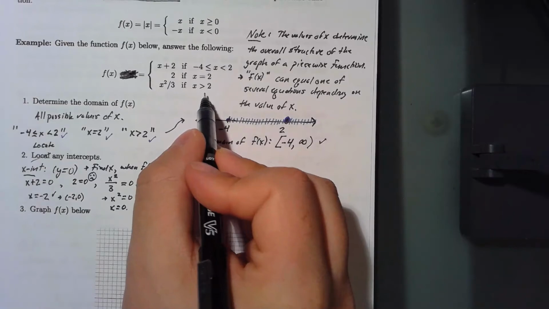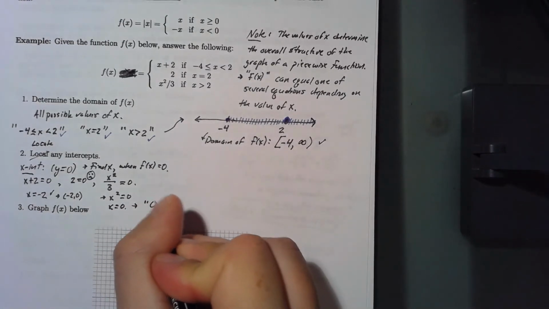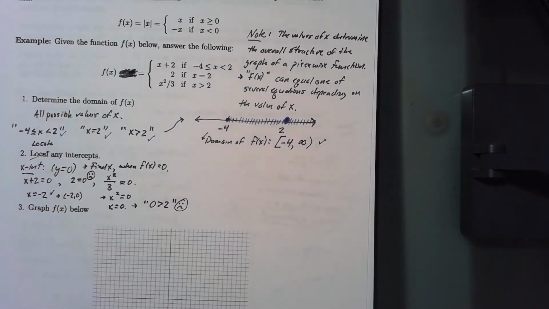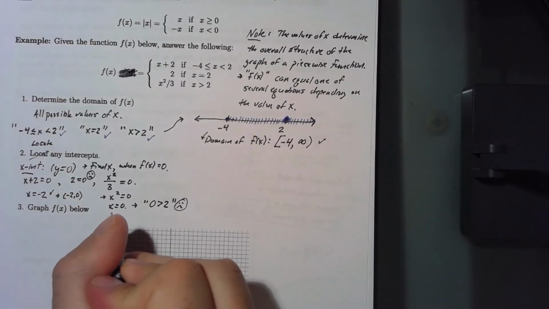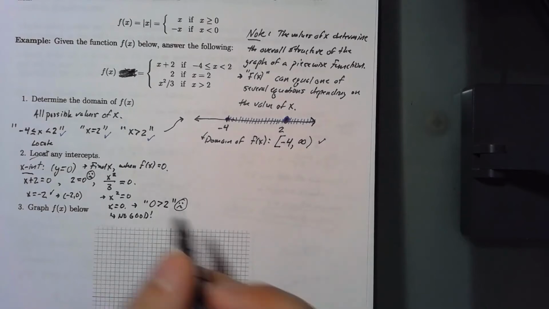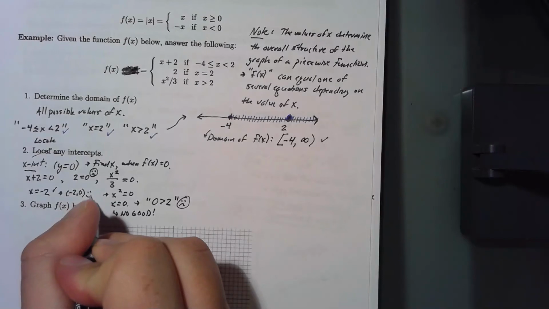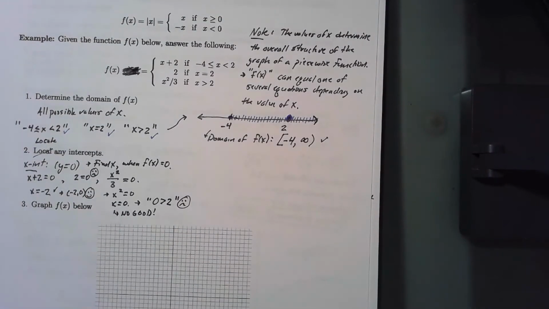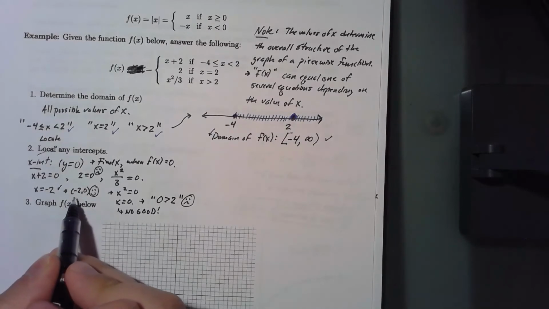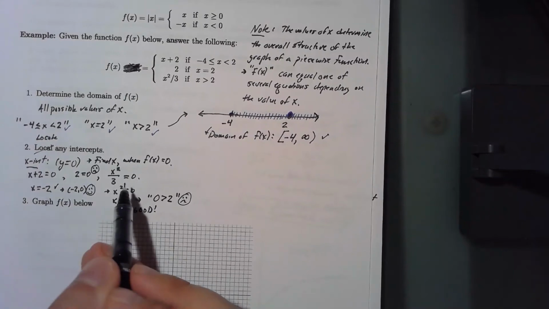It is not. So this one's no good. The only one I do care about is this one. So basically the only x-intercept I have is negative 2, 0. Just take each piece one step at a time.